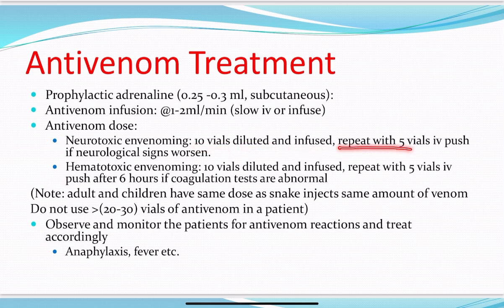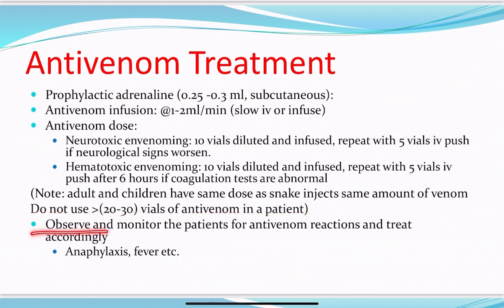Then we repeat with 5 vials IV push if neurological signs worsen. In case of hematotoxic envenoming, 10 vials diluted and infused. Repeat with 5 vials IV push after 6 hours if the coagulation tests are still abnormal. We need to note that adults and children have the same dose as the snake injects the same amount of venom. Do not use more than 20 to 30 vials of antivenom in a patient.